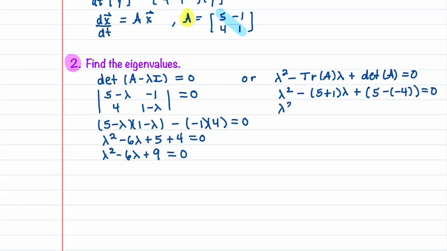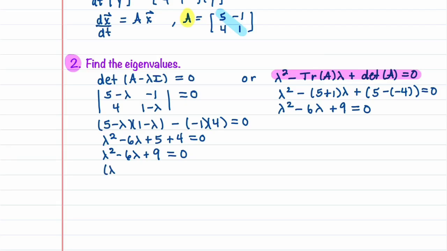This gives us lambda squared minus 6 lambda plus 9 is equal to 0. This way is probably a little bit quicker, but it does have a drawback because you have to remember what that equation is.